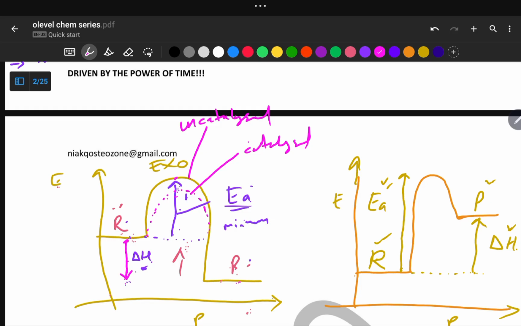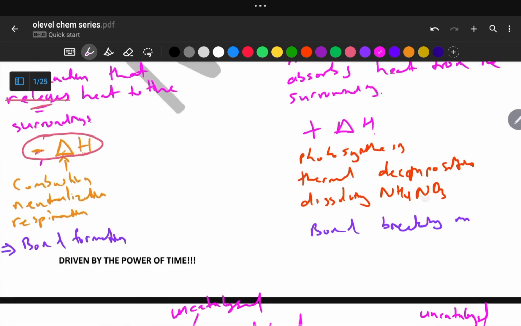And then we can also apply this on the endothermic reaction, right? So this one is the uncatalyzed, and this one with the lower activation energy is the catalyzed, right? So I think you are good to go for all your examinations.